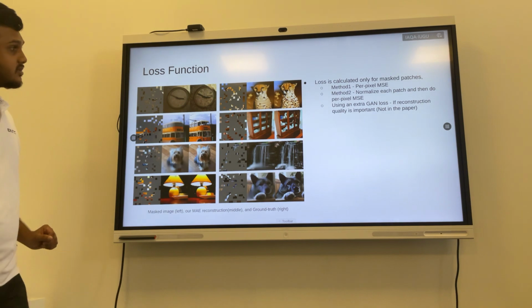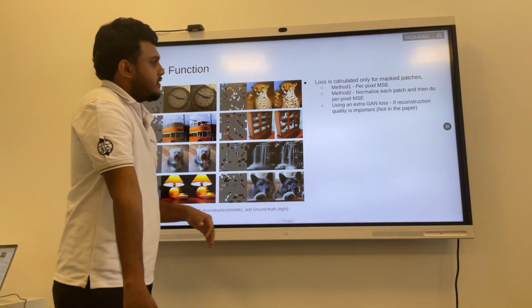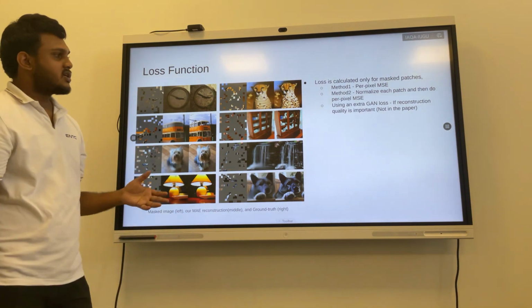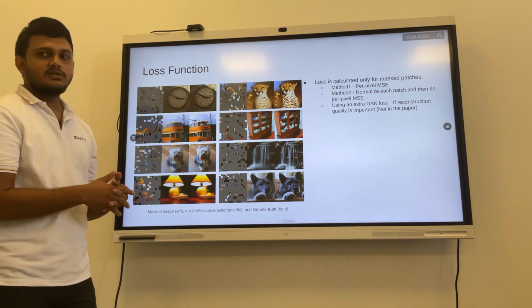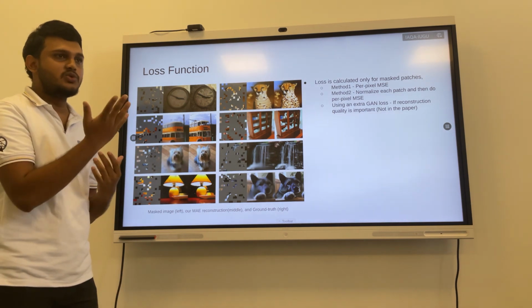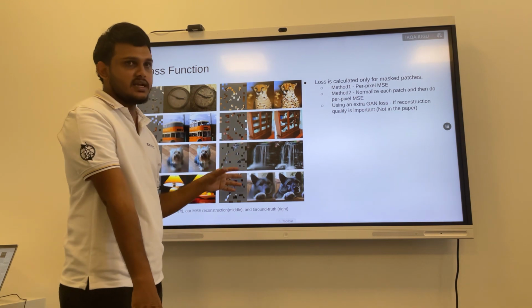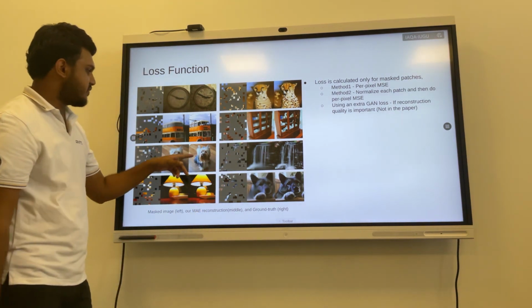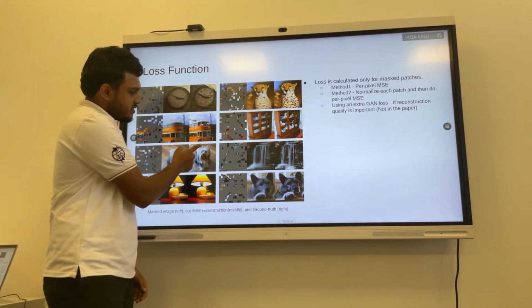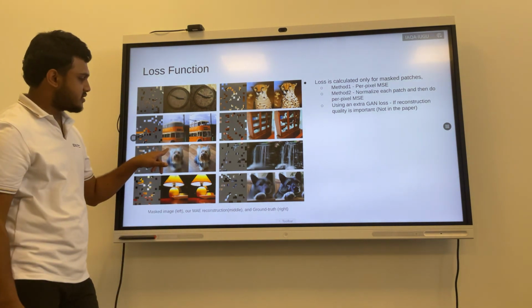And another thing is this reconstruction quality. When it comes to the masked autoencoder, the target is not doing a very good reconstruction. We have separate models to do that, but here the basic task is to understand the image. Now think of this. In this image, the dog's ear is up, but in the reconstruction, it's not up.